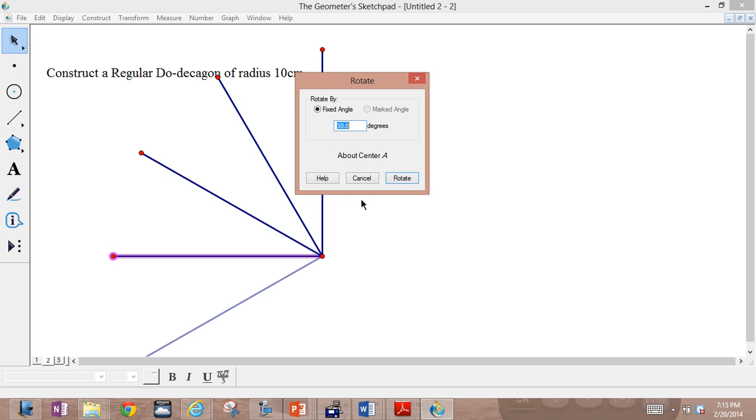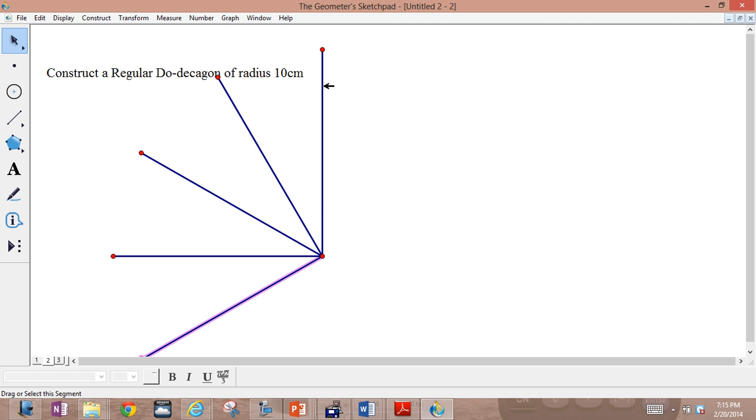When that's complete, you will have a regular dodecagon. And of course, we can then simply construct the segments which will form the dodecagon and be done with it. I have to complete that rotation completely around until I've generated my dodecagon.